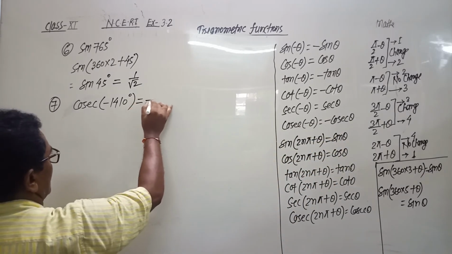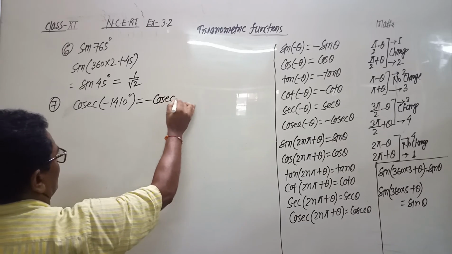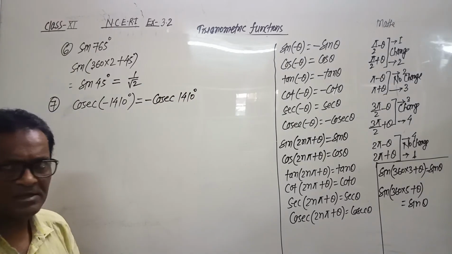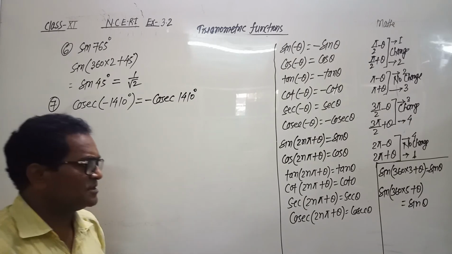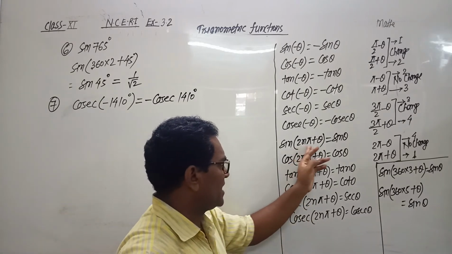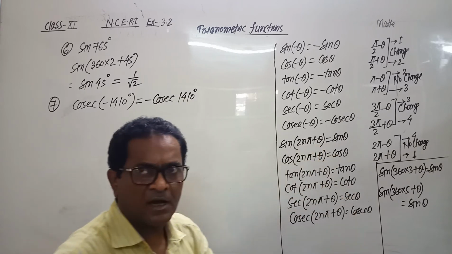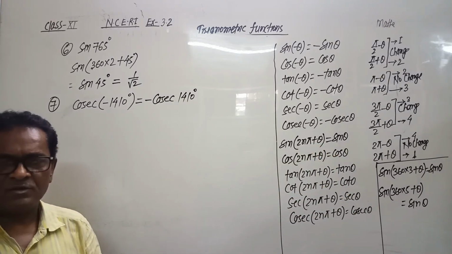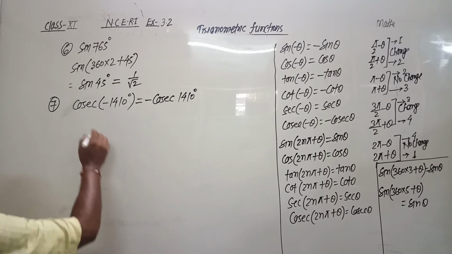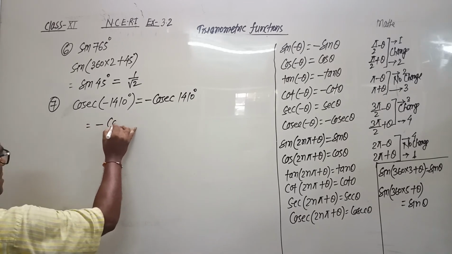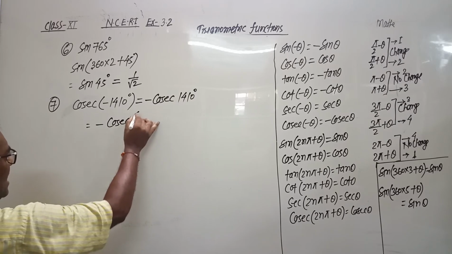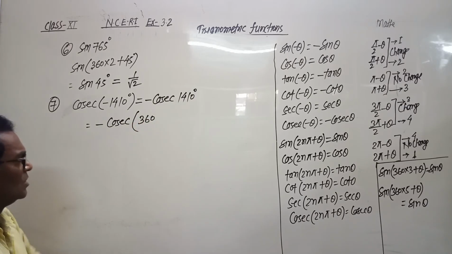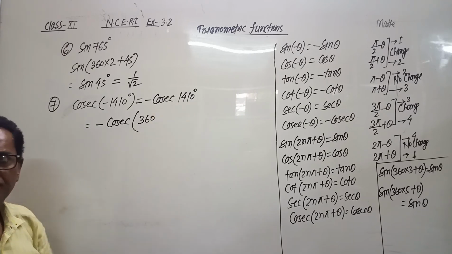So it becomes minus of cosec 1410 degree. And 1410 is greater than 360. So we will have to express 1410 in terms of 2n pi plus theta. 2 pi means 360. So we can write minus cosec and 360 into something nearby 1410.